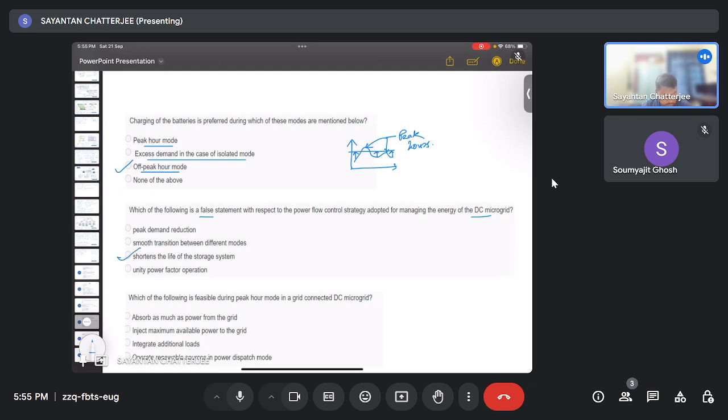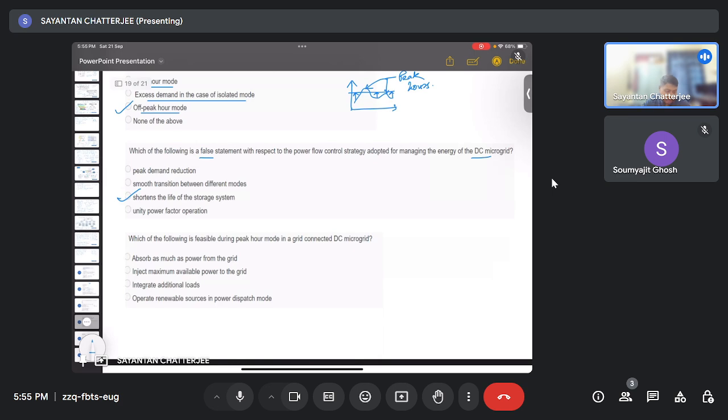So this is the false one. Shortens the life of the storage system. That is not being done. That is not the case here.